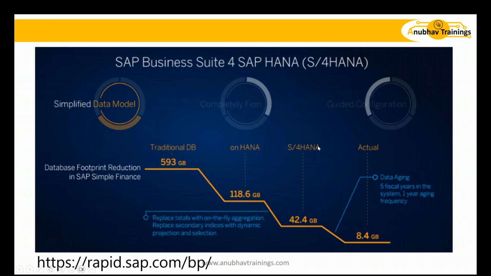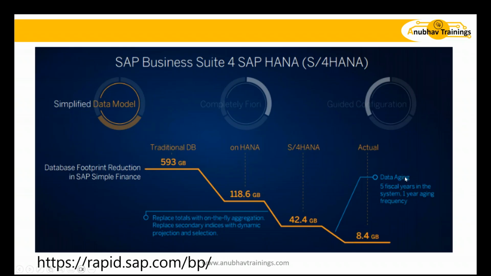But with S/4HANA, they deleted many unnecessary tables and modified the entire SAP database, and then got the entire ERP running on almost 42.4 GB. So it deleted many tables from SAP permanently and removed secondary indexes permanently. In S/4HANA, the memory footprint has significantly come down to 42.4 GB.